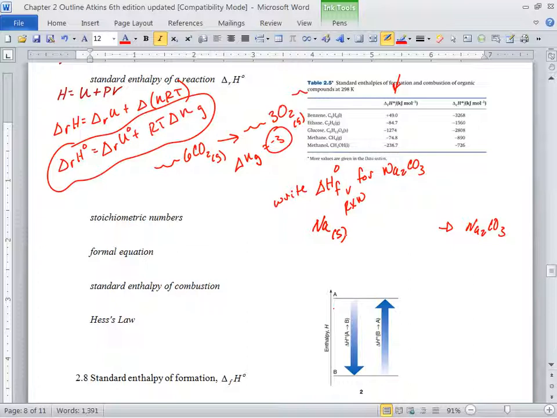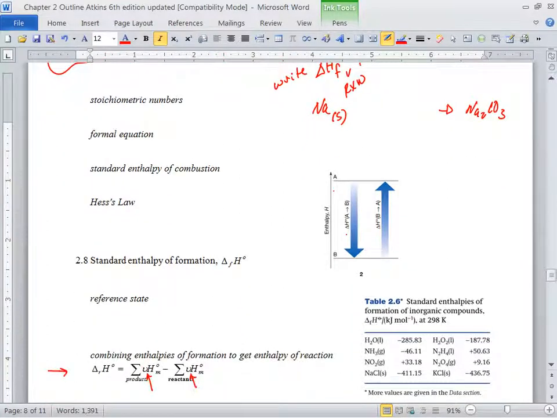And Kelly's right. Now carbon in its standard state. How does carbon exist in nature? I think we should jump down to reference state. These are all at 1 bar. I don't know why they pick 1 bar.